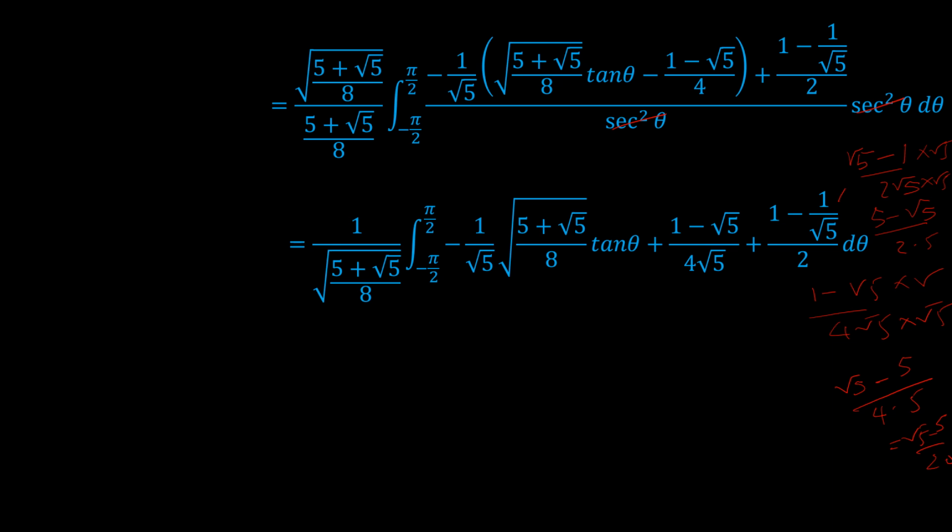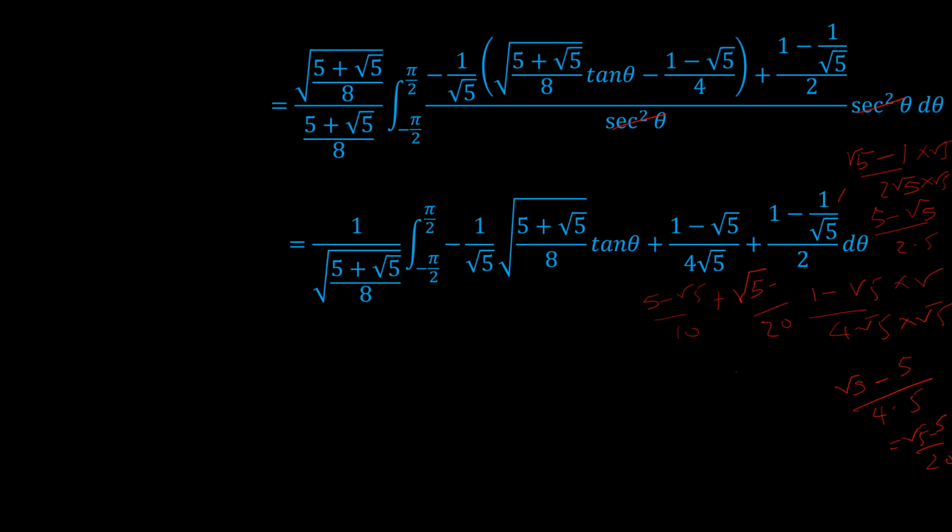So adding them together, we get 5 times root 5 over 10 plus root 5, sorry, minus 5 over 20.